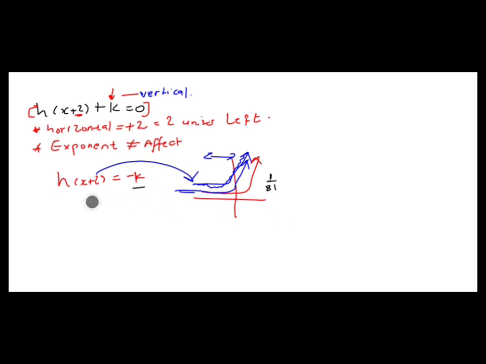So minus k is more like a reflection of h of x. So that would mean our new function would look something like that. And then again, since it's just a reflection, we understand that this y value here is not necessarily positive 1 over 81, but rather negative 1 over 81.